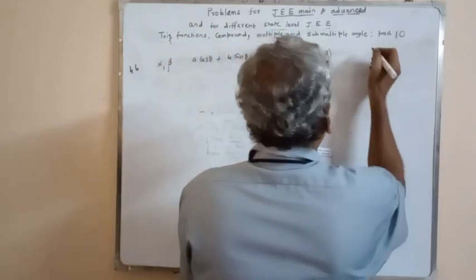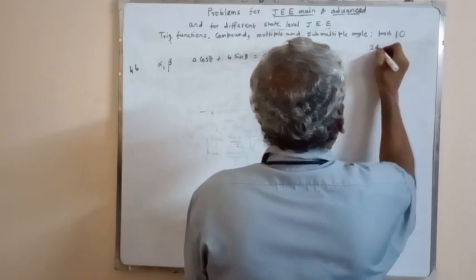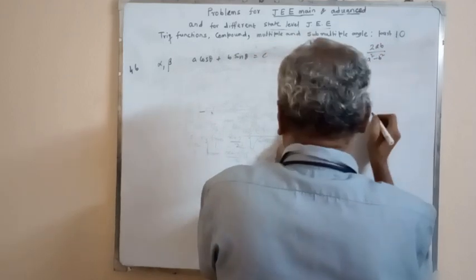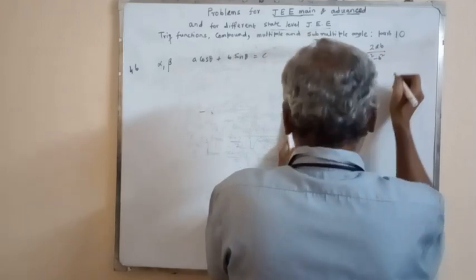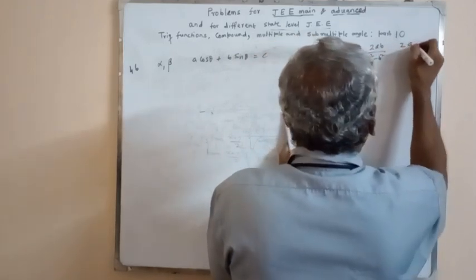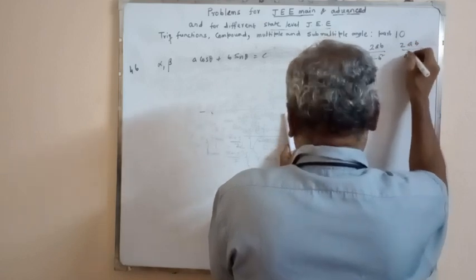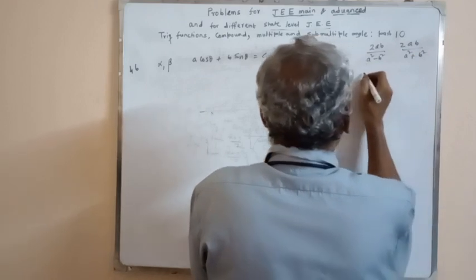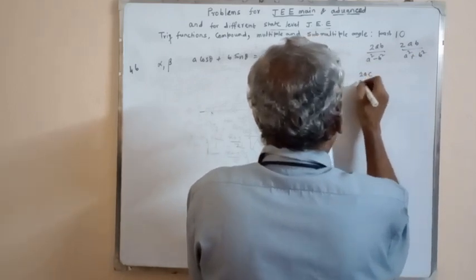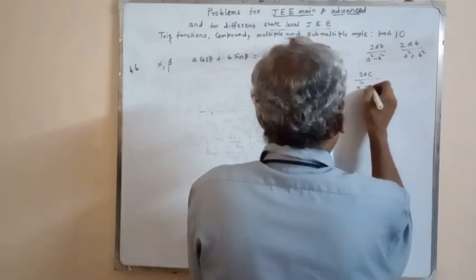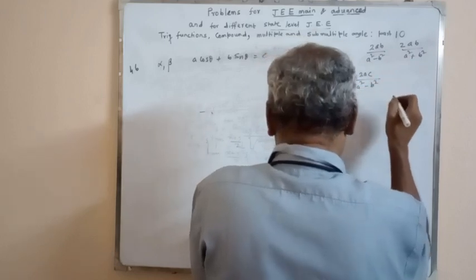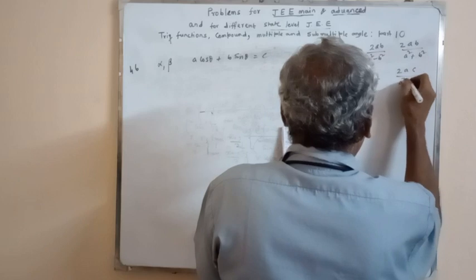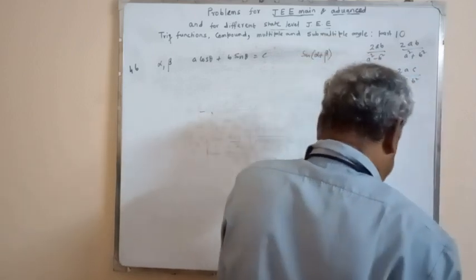Options: 2ab by a square minus b square, 2ab by a square plus b square, 2ac by a square minus b square, 2ac by a square plus b square.